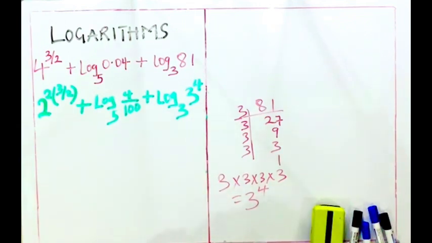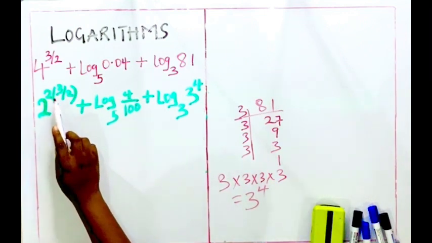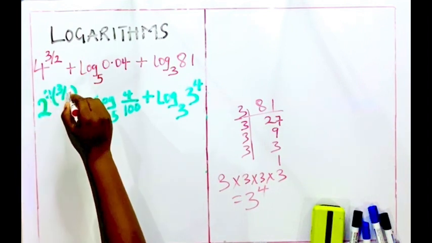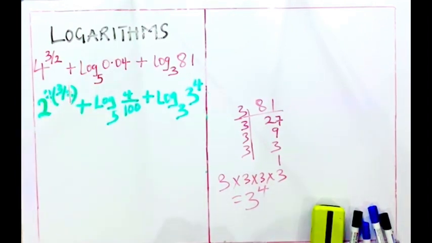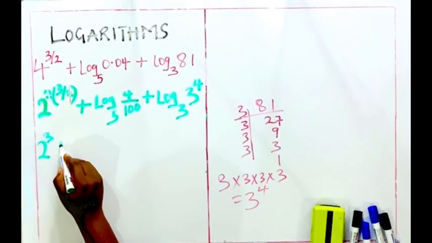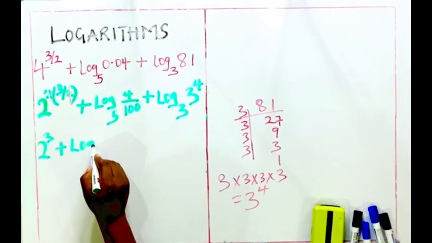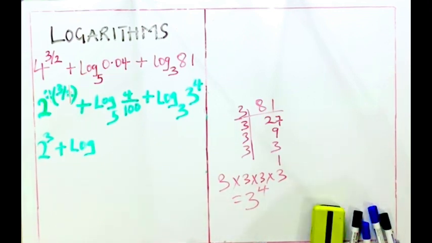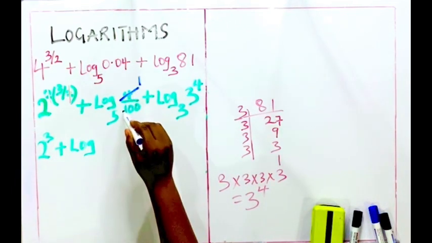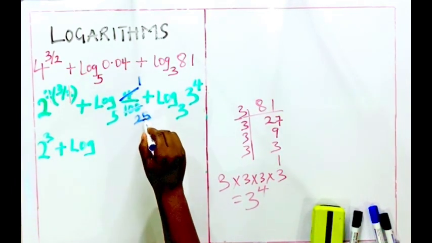Next step, here the powers will cancel out. 2 cancels 2, and what we have left is 2 raised to the power of 3 plus log. The next step is to divide this. 4 into 4 is 1. 4 into 100 is 25.